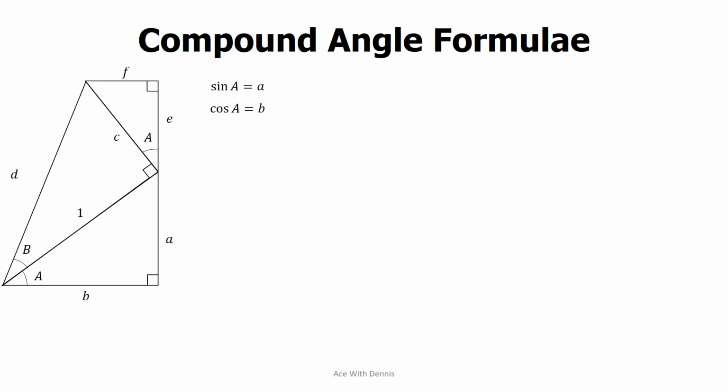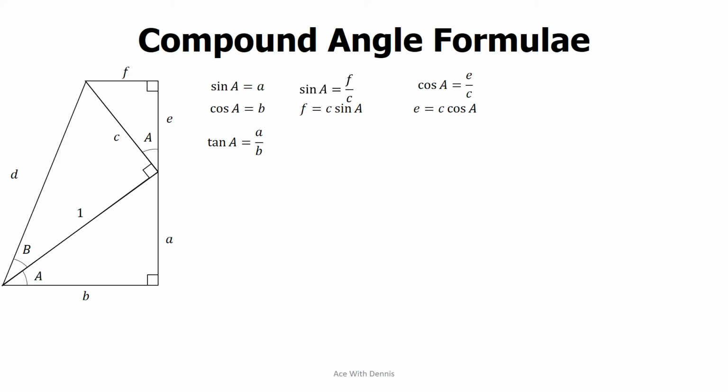Cosine A will be equal to b. Sine A also will equal f over c if we look at the third triangle. So f equals c sine A. Next, cosine A equals e over c. So e will be equal to c cosine A.